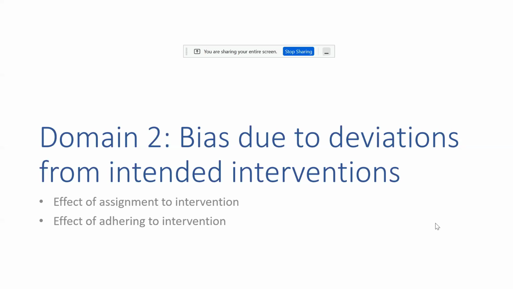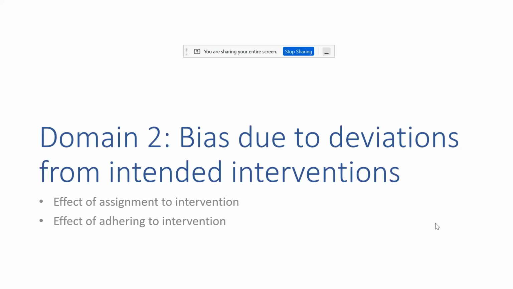And when we are more interested in the effect of adhering to intervention, that means how many people actually took the intervention, like who all actually followed the intervention as we had assigned. So these are the two methods in which the trials may be analyzed, or in which we may be interested in assessing the risk of bias.